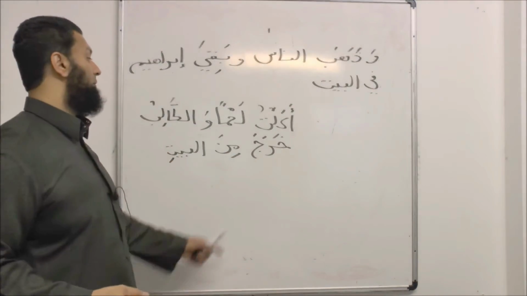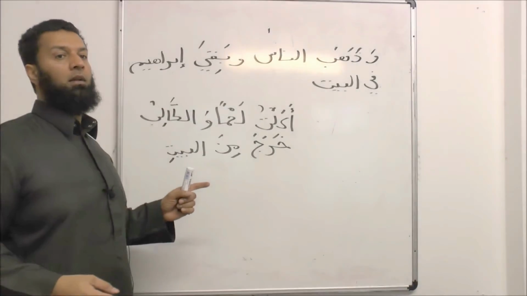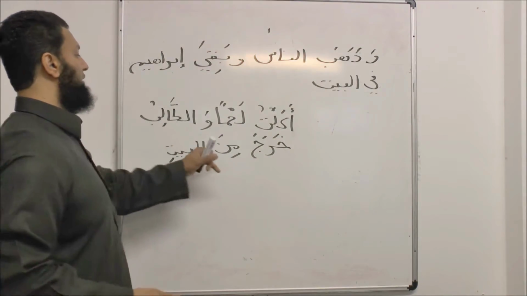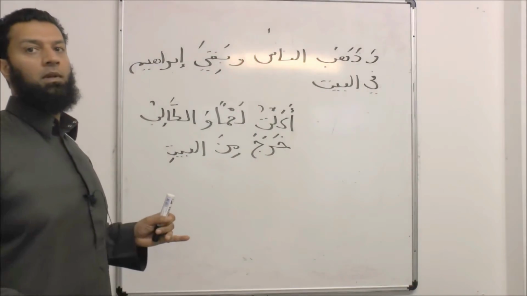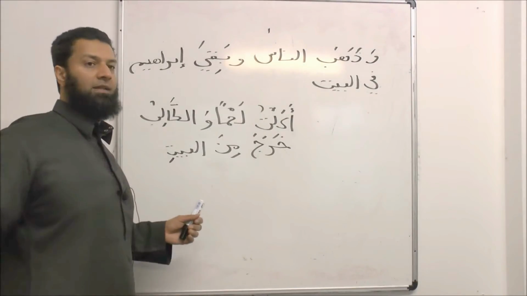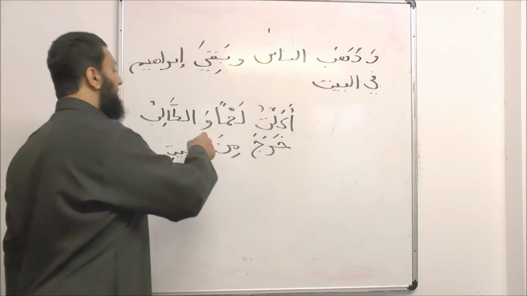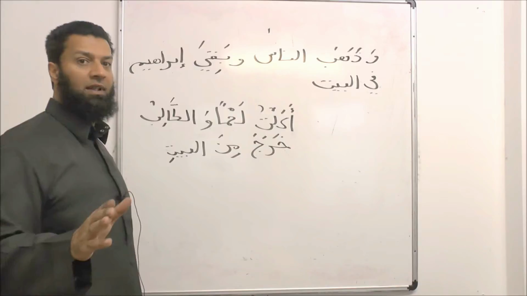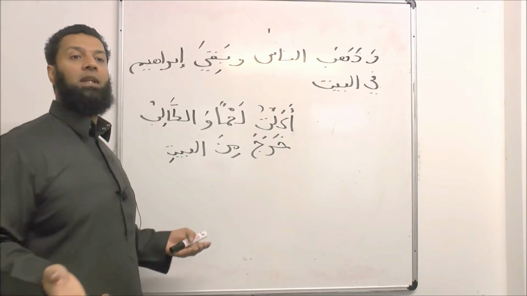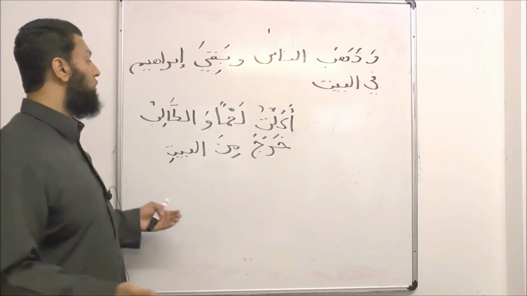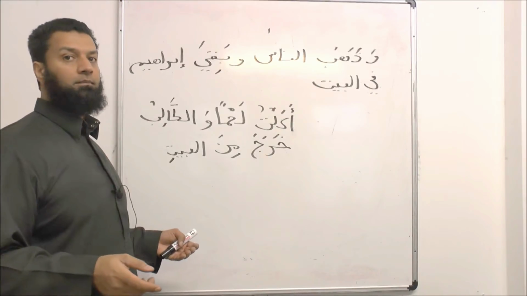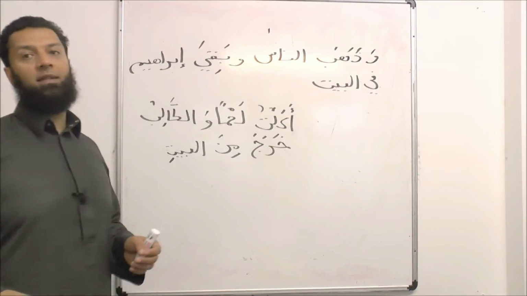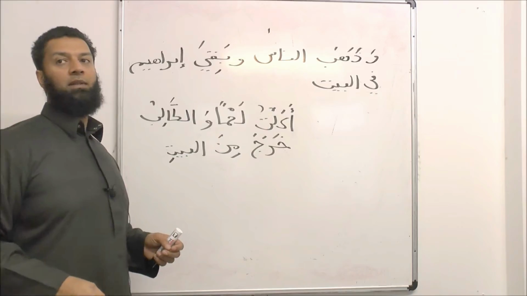What does that mean? والطالب خرج من البيت, and the student exited from his house. If we say that this waw is now waw al-istinaf, then it means that we're just continuing the text, right? There's no connection between these two sentences, right?